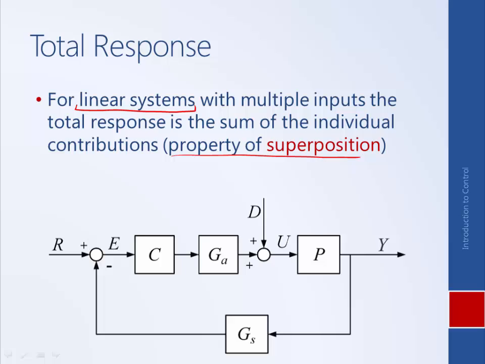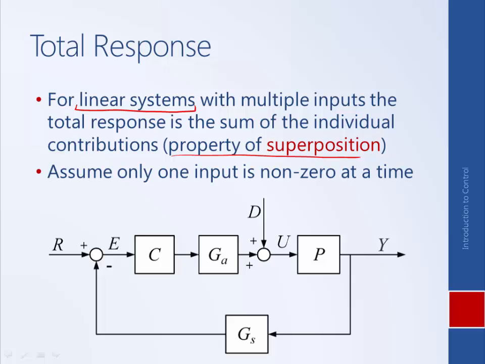And so conceptually, this allows us to assume only one input is non-zero at a time. So for example, if I want to look at how does the system respond to the reference R, I can treat D as not being there. So I can treat D as 0.